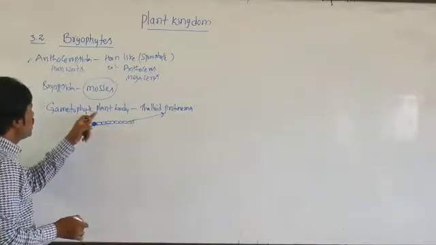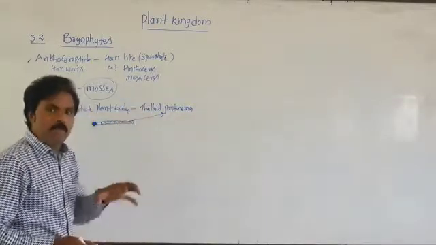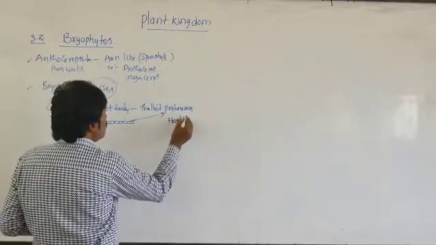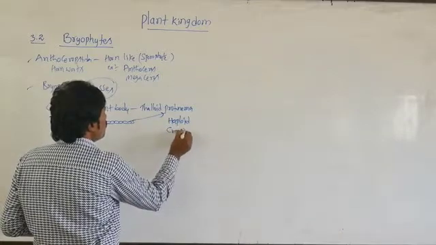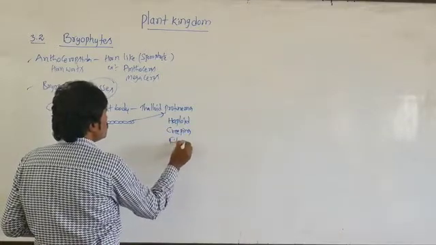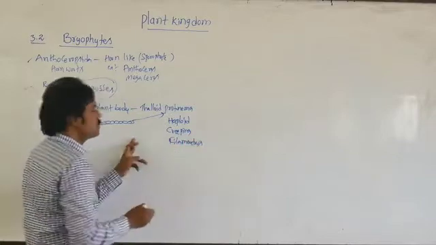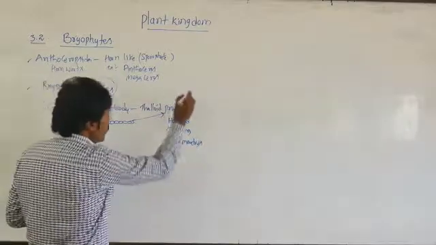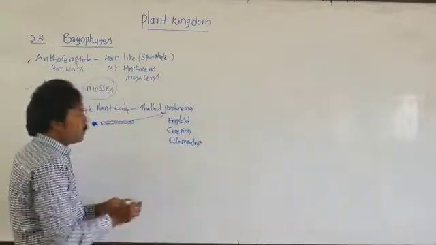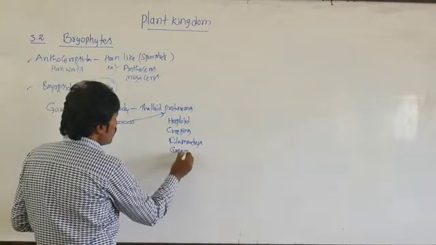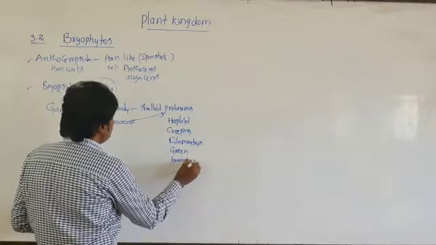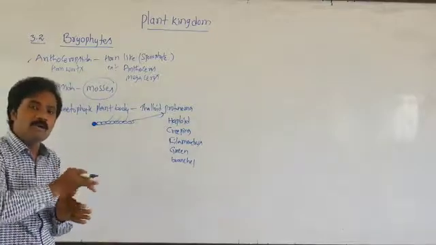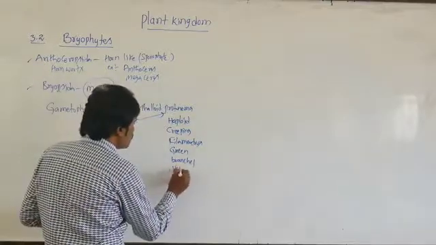That's why this gametophytic plant body, the primary plant body, we call haploid and creeping filamentous. It is filamentous, haploid as well as green and branched, and it helps in vegetative propagation.